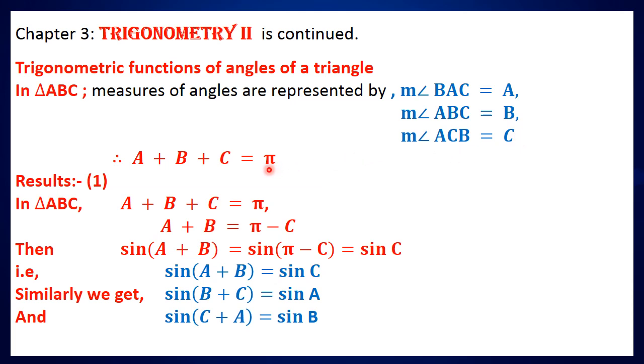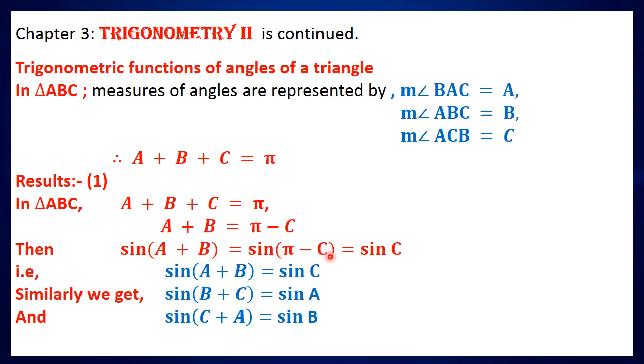Now using this we find the results. First, A plus B plus C is equal to pi, then A plus B can be written as pi minus C. Apply sine on both sides, that is sine of A plus B is equal to sine of pi minus C, and we know sine of pi minus C is equal to sine C. That is the 180 minus theta form, so sine of 180 minus theta is sine theta.